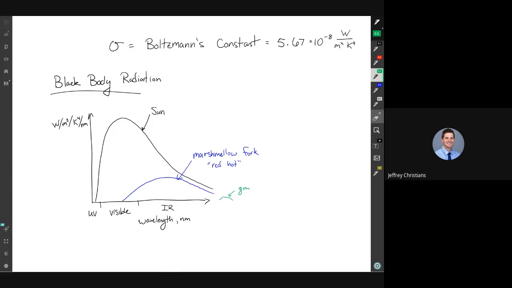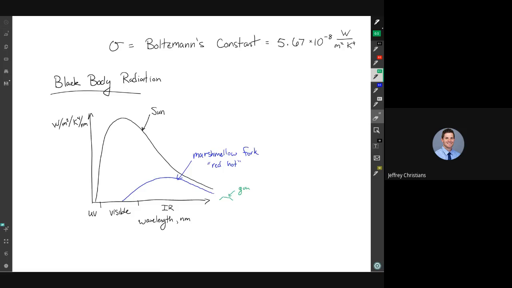Just some fun facts. Black body radiation was first described by Gustav Kirchhoff. Have you ever heard of Kirchhoff's law? Where have you heard that? Circuits class, right? The current coming in is the same as the current leaving. That's Kirchhoff's law, same Kirchhoff.